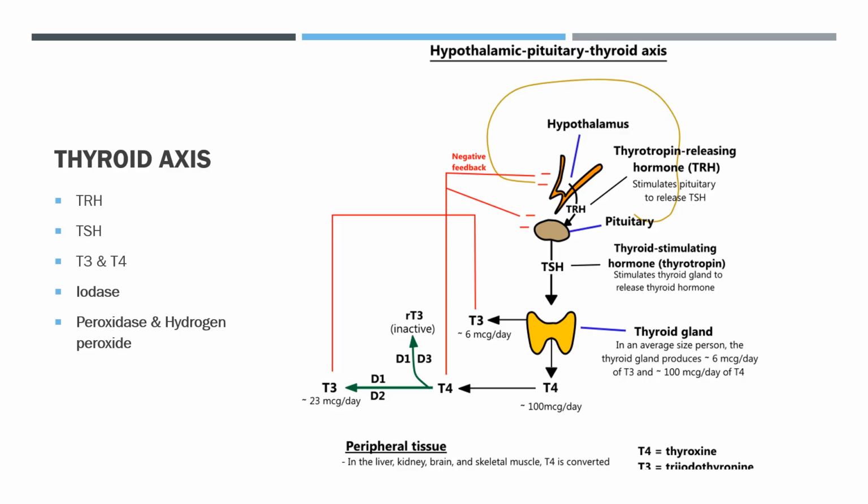It doesn't have to keep creating new T3 and T4, because the body would exhaust itself. And so the question is, what hinders iodase? What hinders the recycling of the T3 and T4? This would be low levels of iodine. So that's what I'm looking at: low levels of iodine first, and low levels of testosterone.